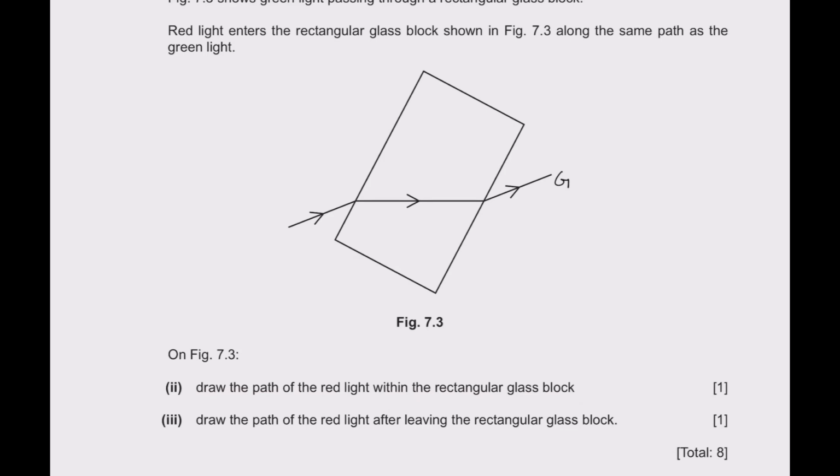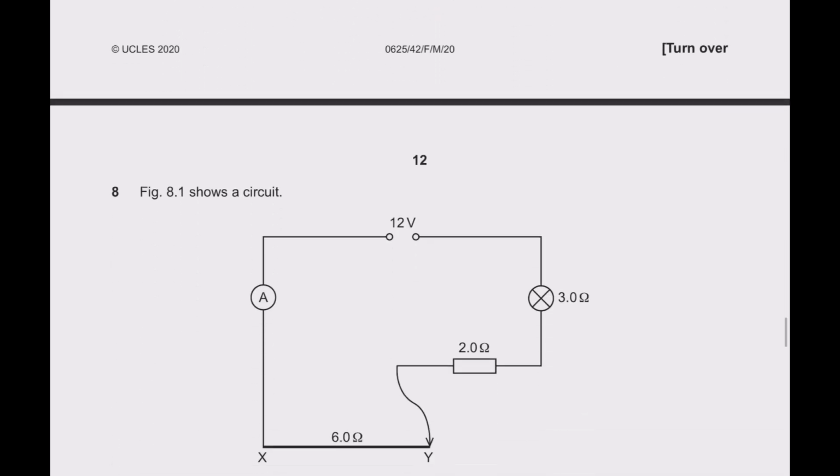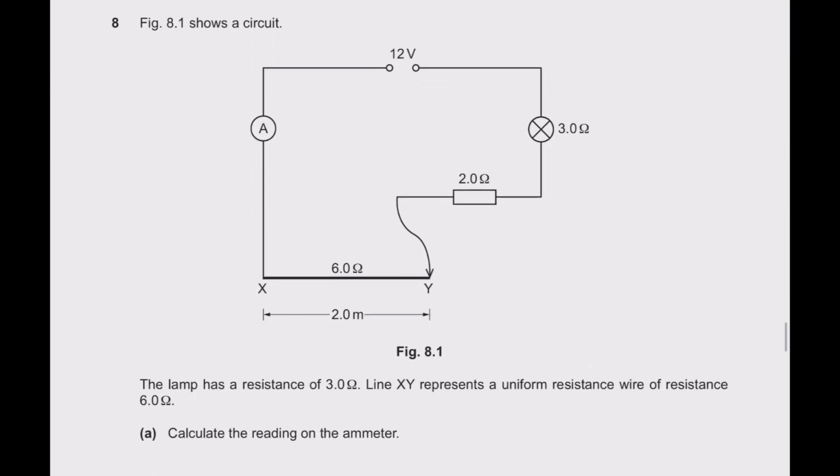It will also bend somewhat less, for the same reason as mentioned above. Now after leaving, we also have to draw. After leaving it will bend like this. So that will be the answer, a simpler one. The reason is the same. Now the next question, question number 8.